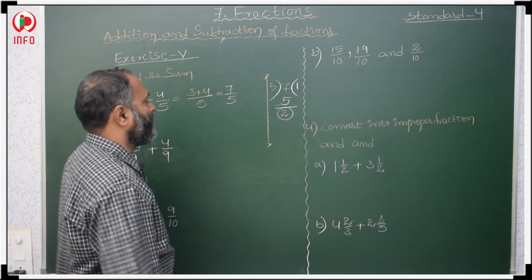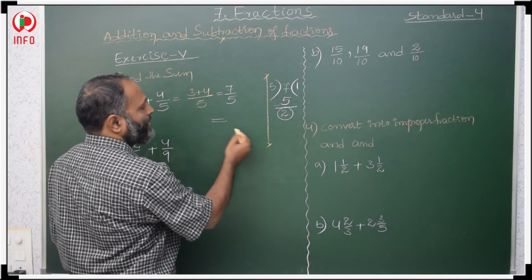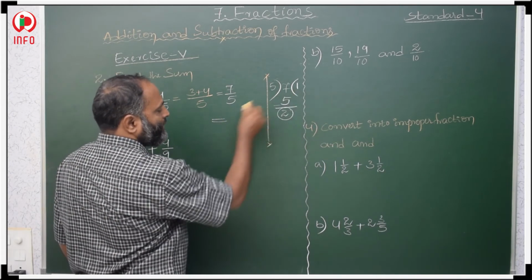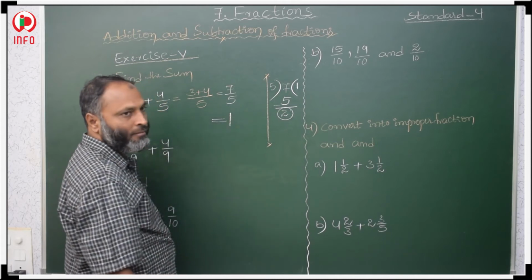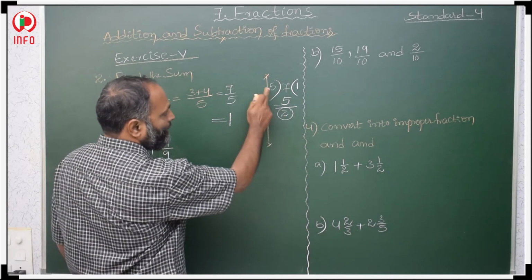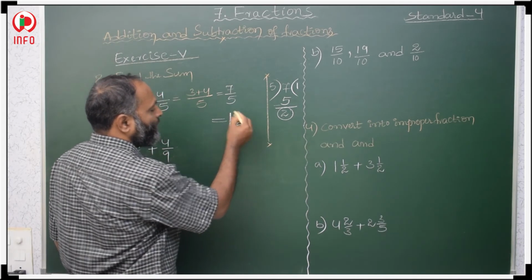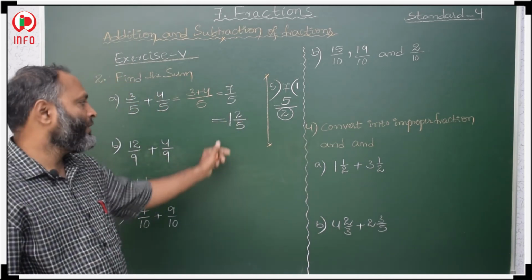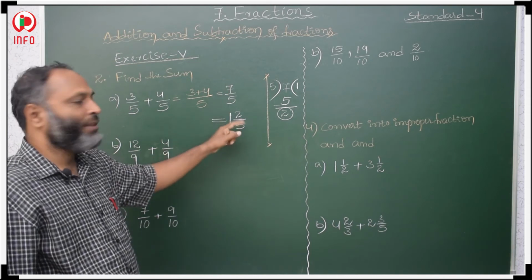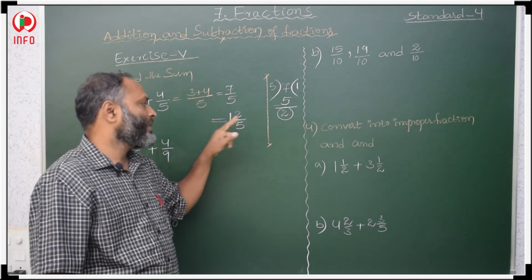This is your remainder. Then first we have to take the quotient 1, then remainder by divisor. The remainder is 2, the divisor is 5, so 1 2 by 5. In this way we convert the improper fraction 7 by 5 into a mixed fraction.